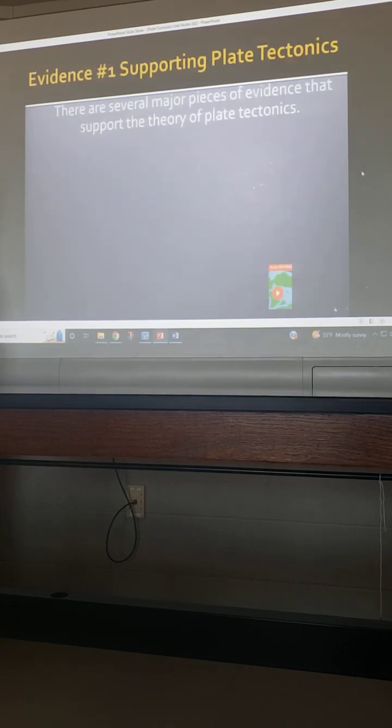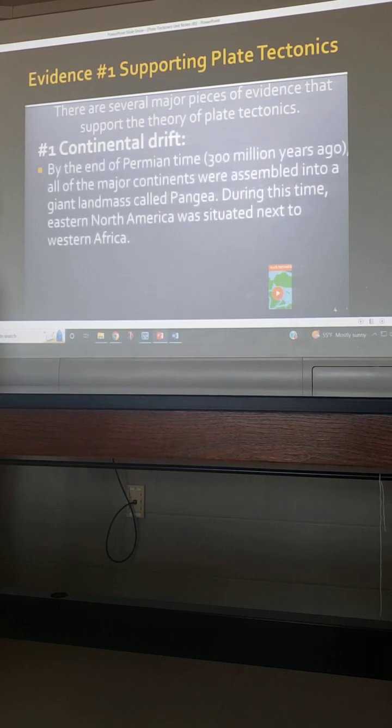Okay, and so there's several pieces of information that over the years have been discovered that support plate tectonics. And the first one is something called continental drift. And so by the end of what we call the Permian time, about 300 million years ago, all the major continents were together, and they formed a giant supercontinent that was called Pangaea.